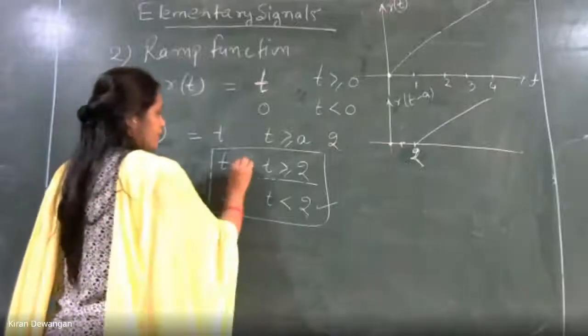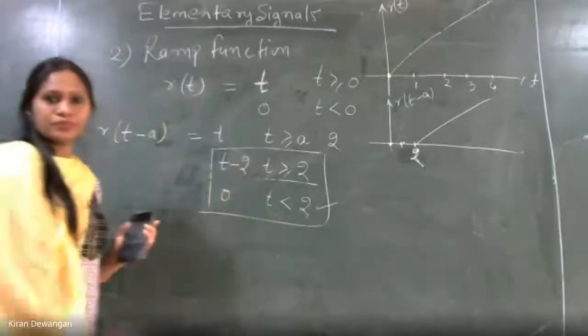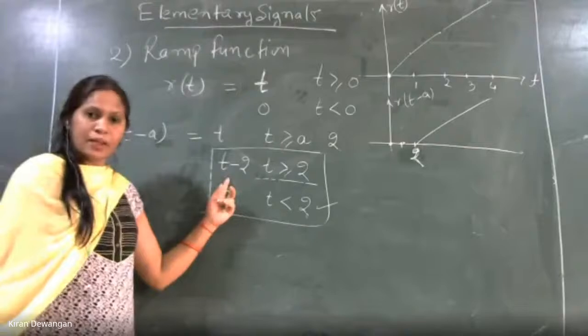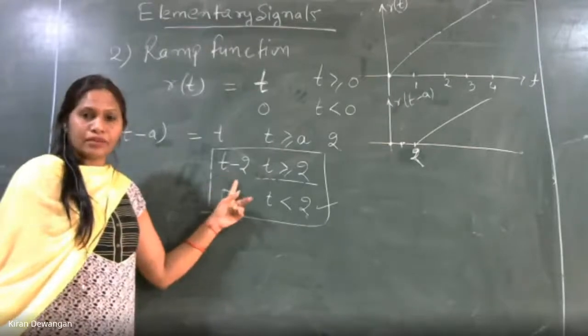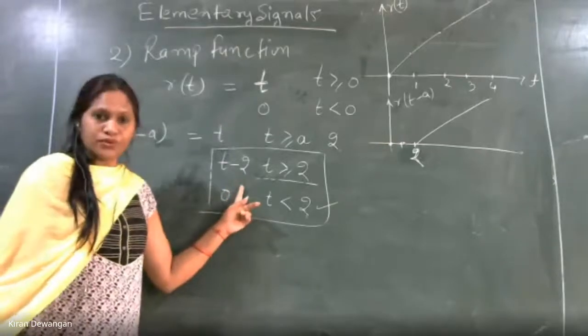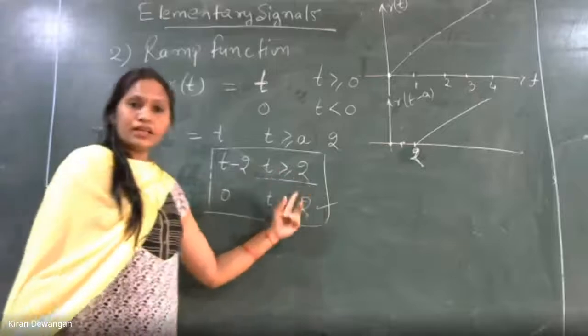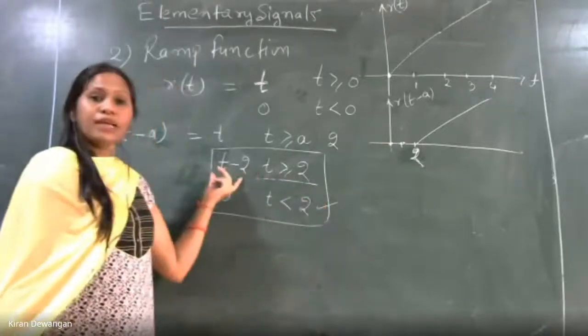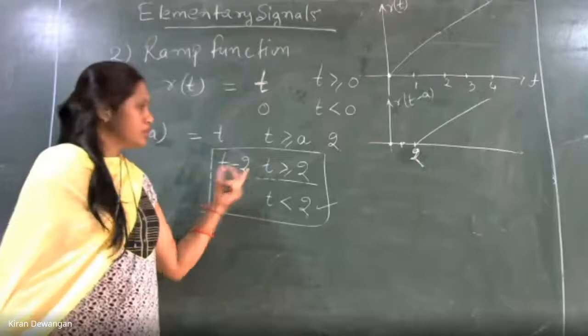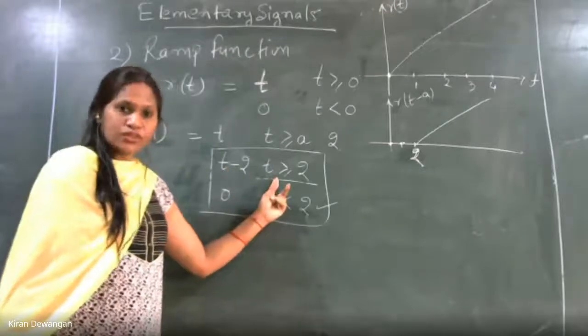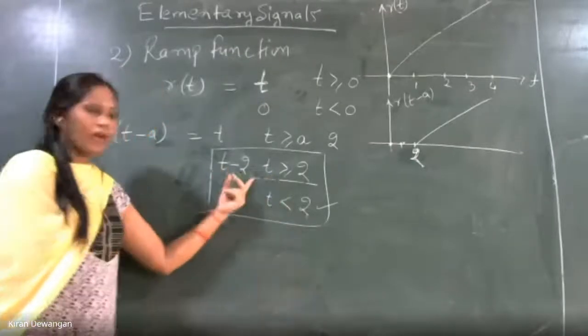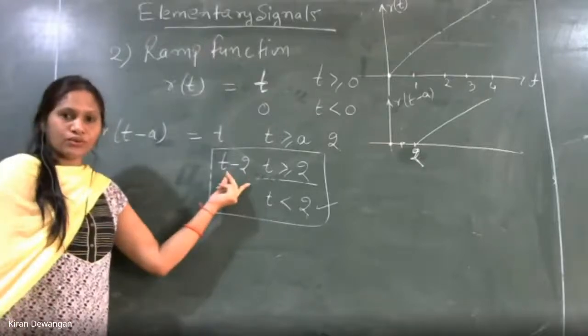It should be t minus 2. होना चाहिए कि नहीं, पहले बताओ. Yes, ma'am. It should be t minus 2. क्योंकि अगर ये condition satisfy होता है for t greater than or equals to 2, it should be t minus 2. So if t is 2, then 2 minus 2 is 0.